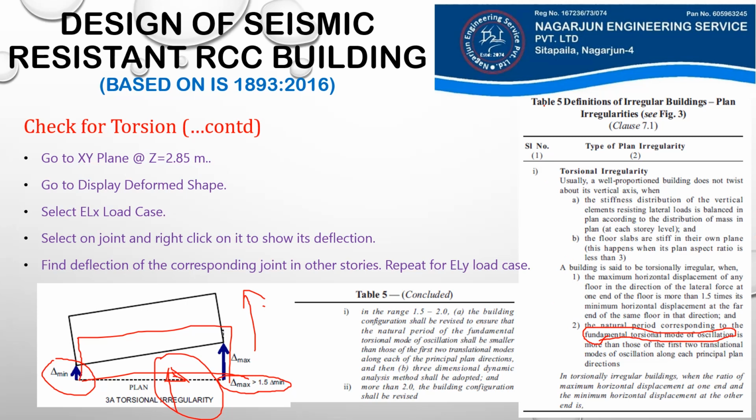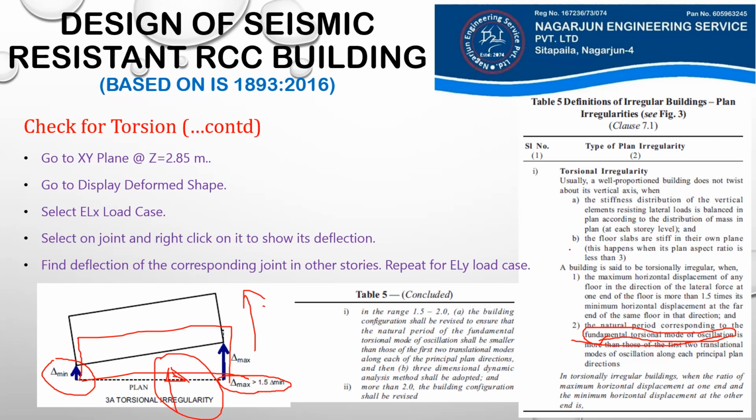That first torsional mode is called the fundamental torsional mode. So the natural period of that fundamental torsional mode should be more than those of the first two translational modes of oscillation along each principal direction.